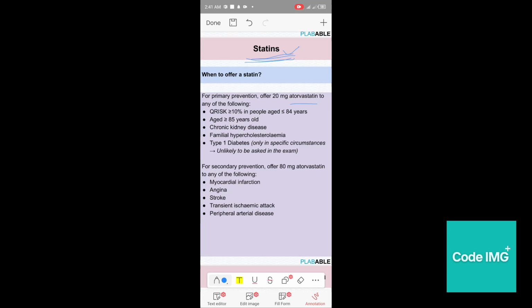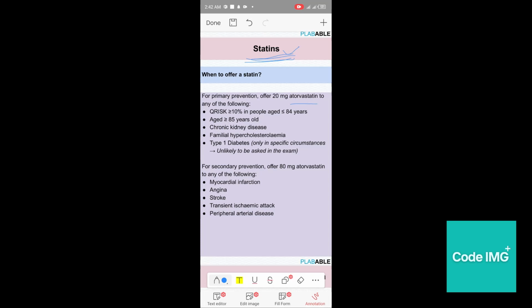In primary prevention, 20 mg of atorvastatin is recommended. Here you divide the population into those who are 84 and less, and patients who are 85 and above. In patients who are 85 and above, because of the age, they are vulnerable to cardiovascular accidents, so you give them primary prevention atorvastatin 20 mg.